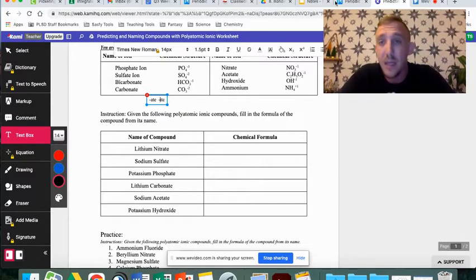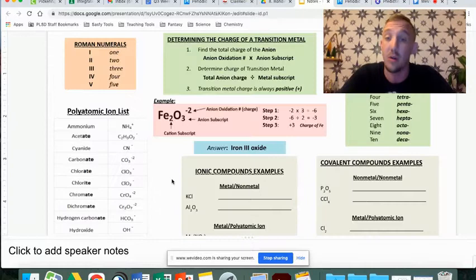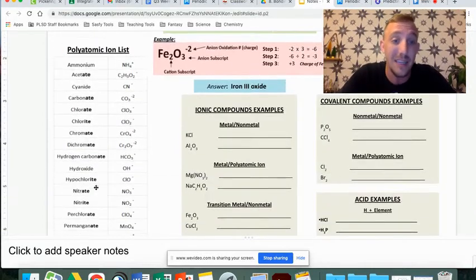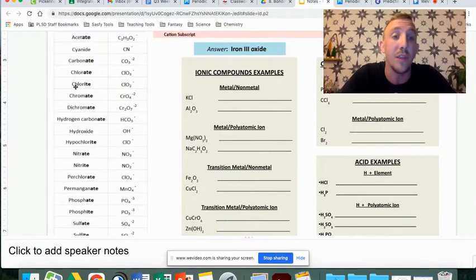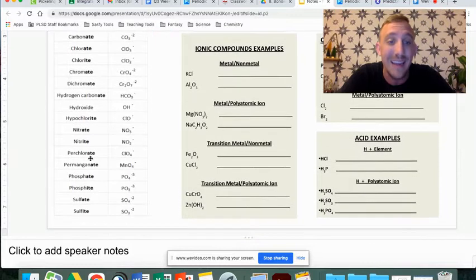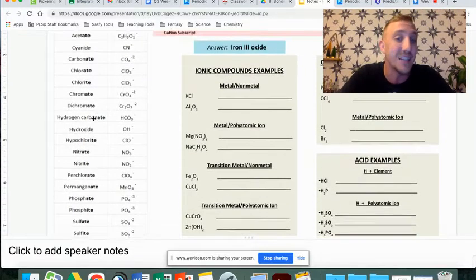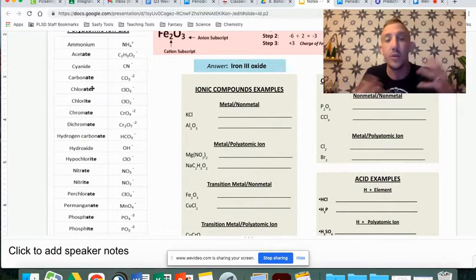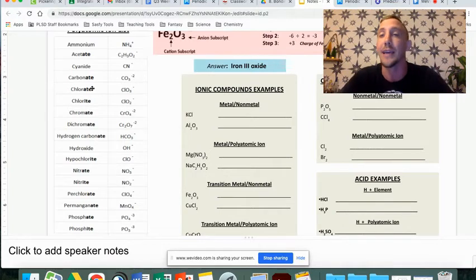Once again, if you're struggling to find the polyatomics, I've given you all of them. You can see carbonate, chlorate, chlorite. Most of them end in "ate" and "ite", which is why most of these are boldened, so you can see when you're looking at a name that it's a polyatomic.